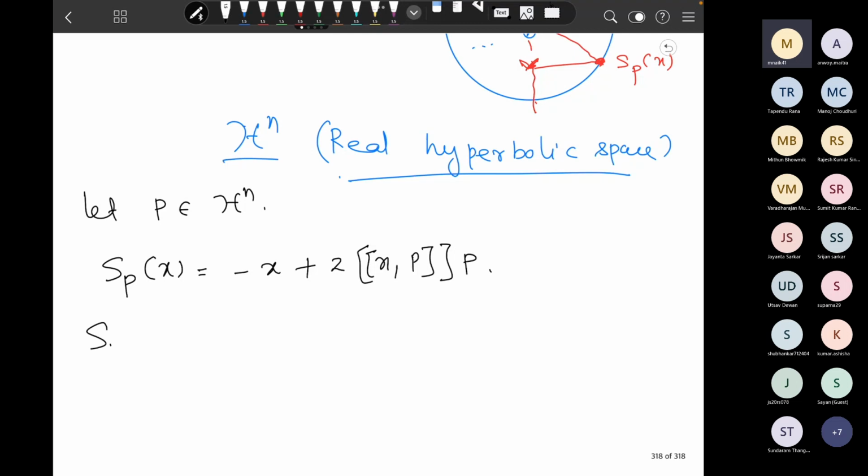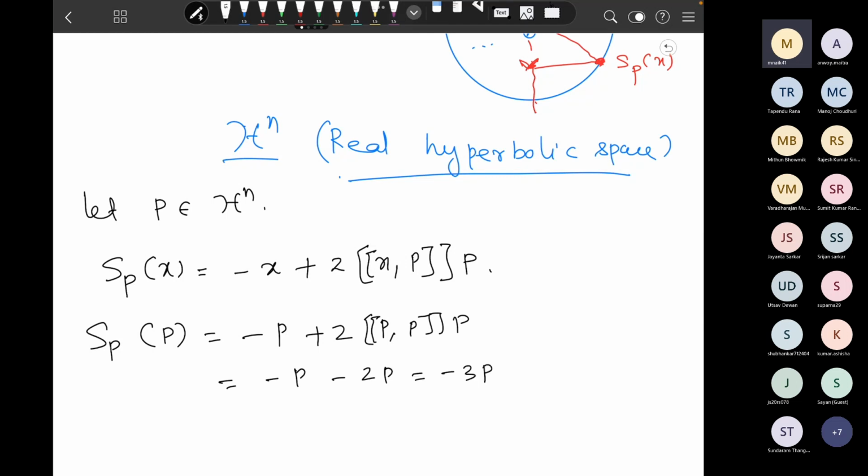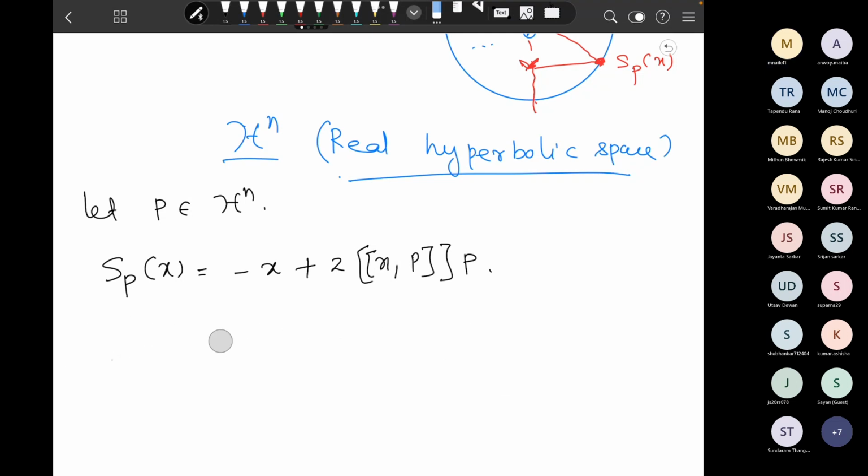But this SP(P), if you write that, minus P plus 2P, and <P,P> is minus 1, this is minus 2P, this is minus 3P. So this doesn't work really. But if you modify that a little bit, then it will work. So the plus thing you really change to minus. That's all. It will work.